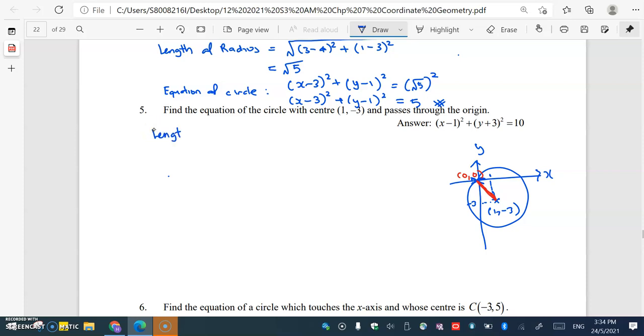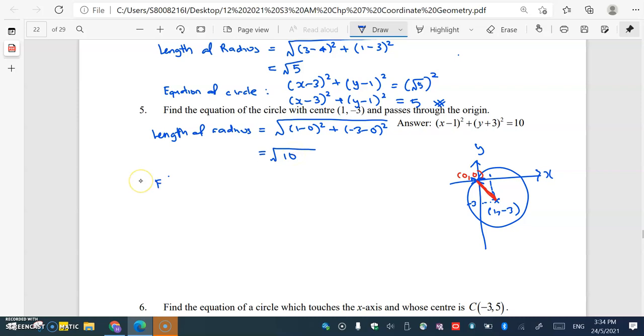So in this case, the length of the radius is therefore 1 minus 0 squared plus negative 3 minus 0 squared. That will give me square root 10.